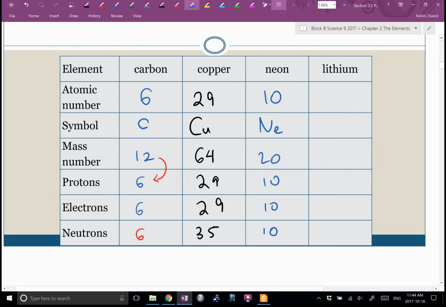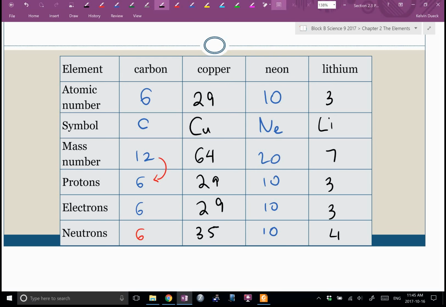Oh, yes, sorry. Ne, thank you. And then lithium, I know that's Li. It's element number 3. Atomic mass 7. If you write the decimal, that's going to be okay as well. I'm not going to freak out.